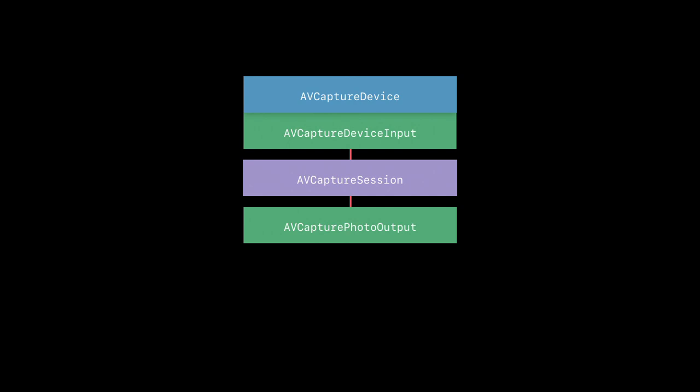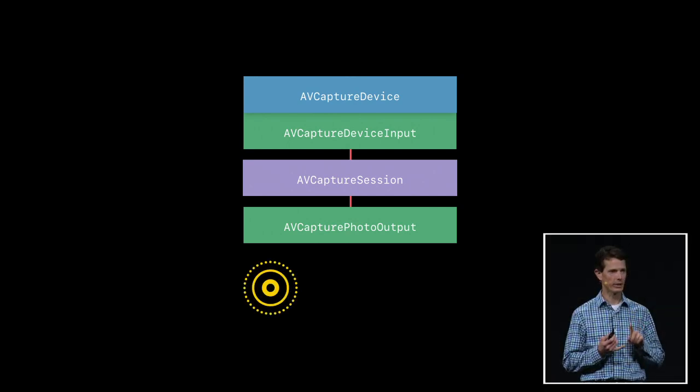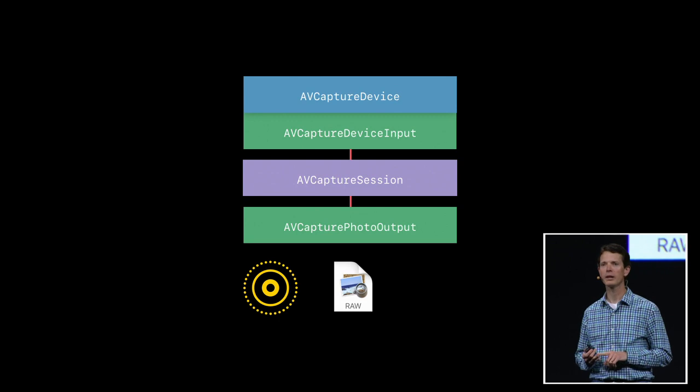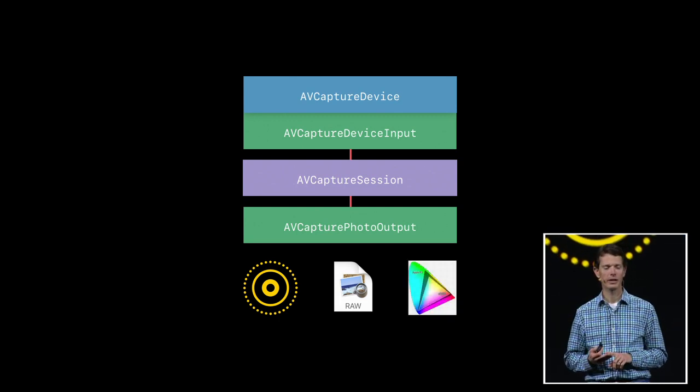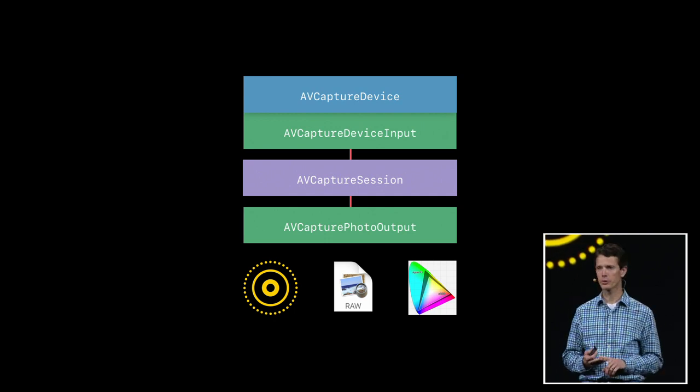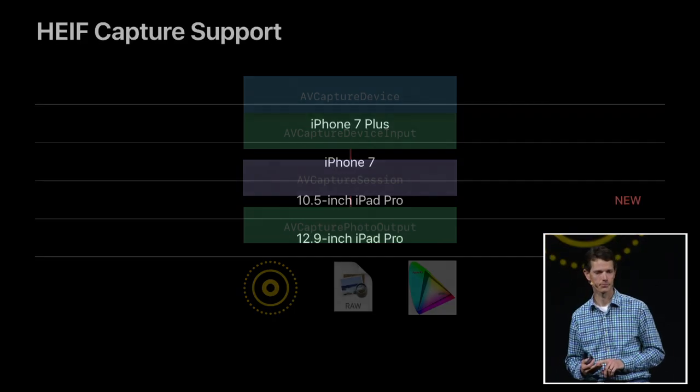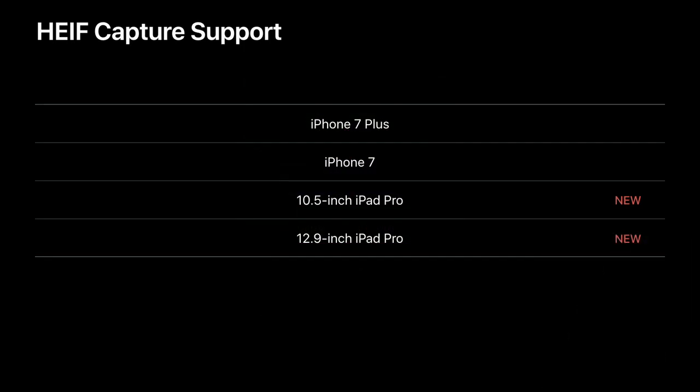It is currently the only way on our platform to capture live photos, Bayer raw images, Apple P3 wide color images, and new in iOS 11, it is the only interface on our platform for capturing heif content. Heif capture is supported on the A10 chip devices, which are iPhone 7 Plus, iPhone 7, and the newly announced iPad Pros.